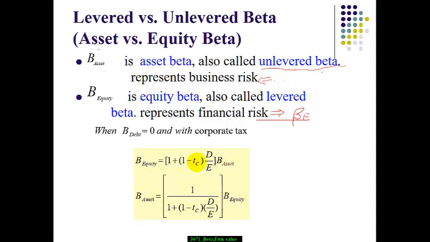From asset beta to equity beta, you multiply by 1 plus the after-tax leverage effect. From equity beta to asset beta, we divide by this term. So typically, equity beta, as you see, is greater than asset beta.